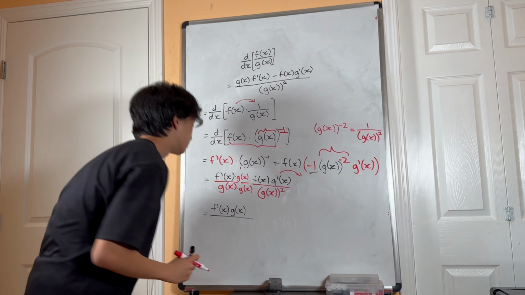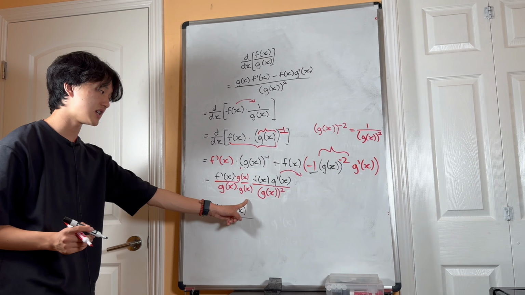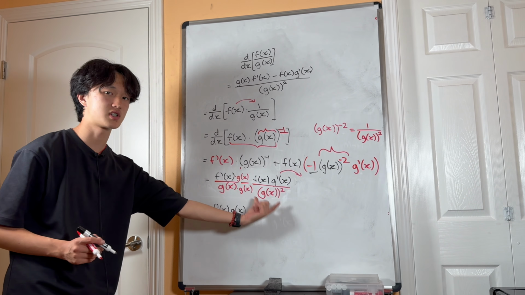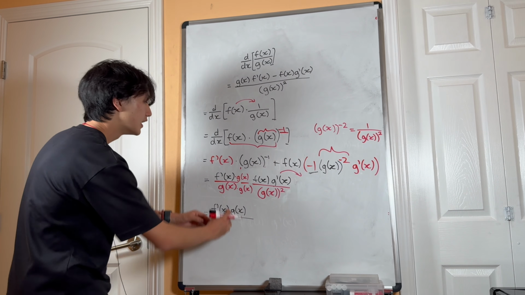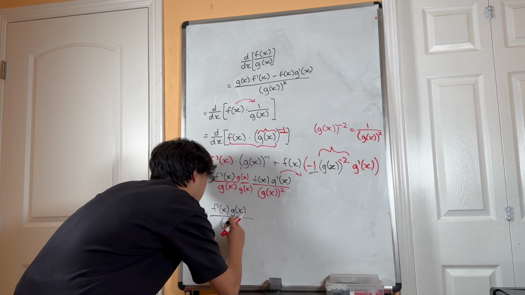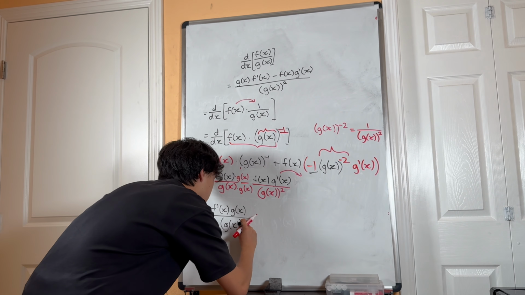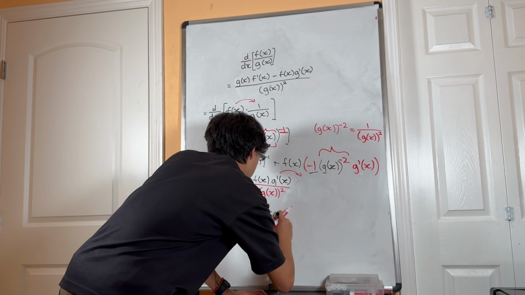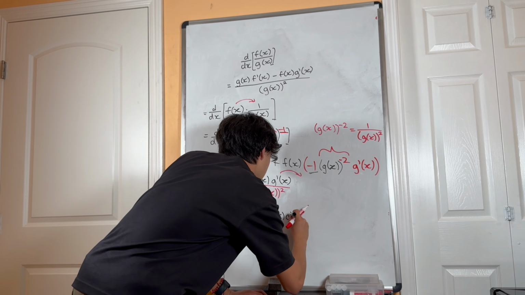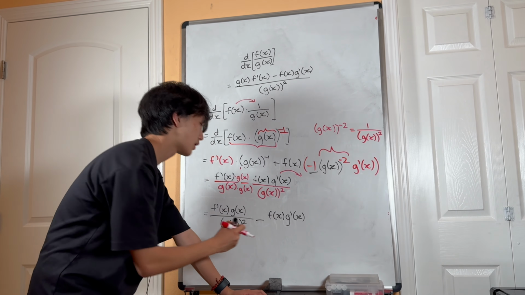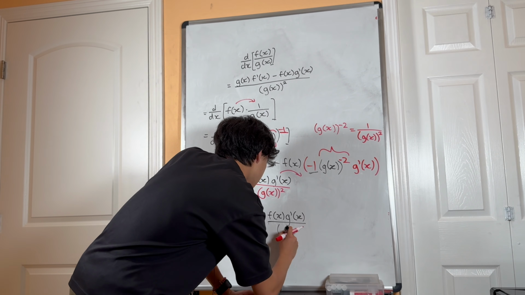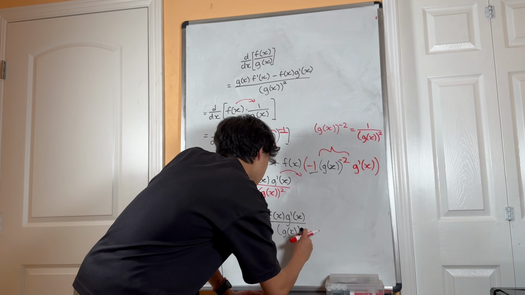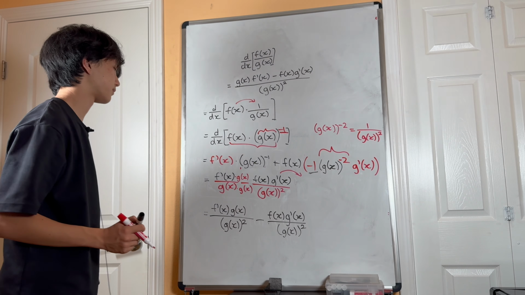And on the bottom, g of x times g of x is just g of x squared, which is now our common denominator. So this now becomes g of x squared minus f of x. We just put down the whole term again: f of x times g prime of x over g of x squared, like that.